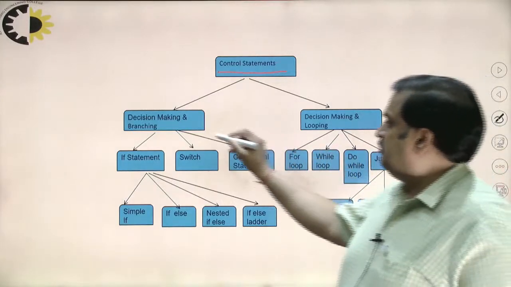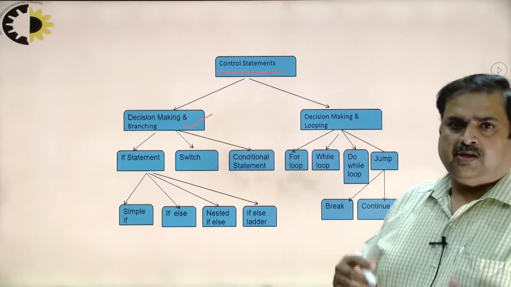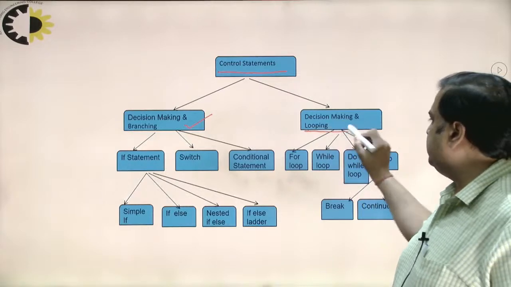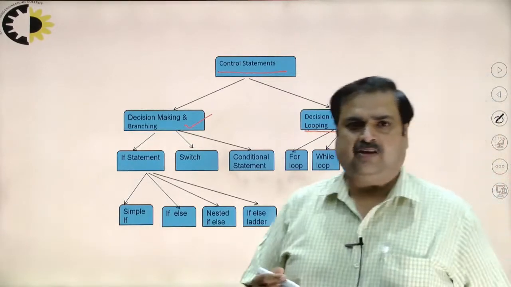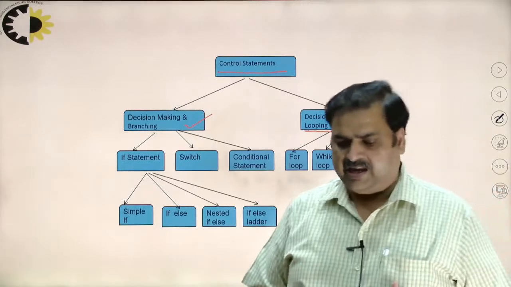One kind is decision making statements, where we give conditional statements, and another is looping statements, which require repetition of execution of statements again and again.